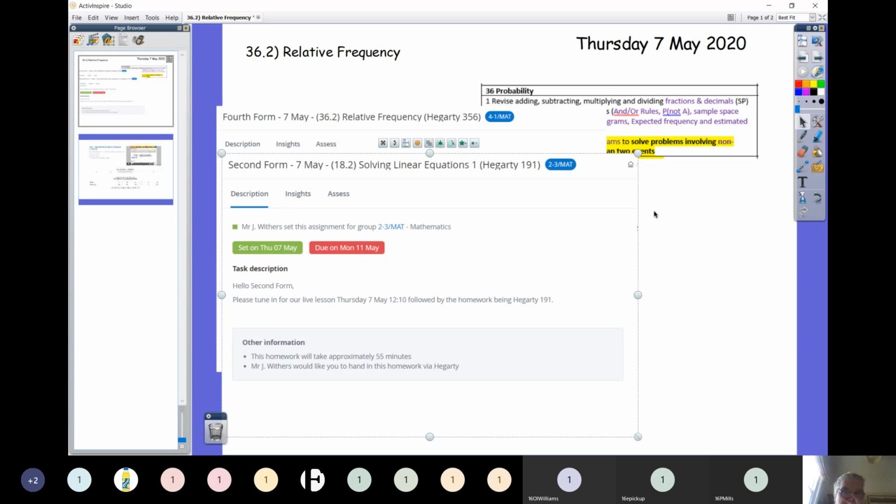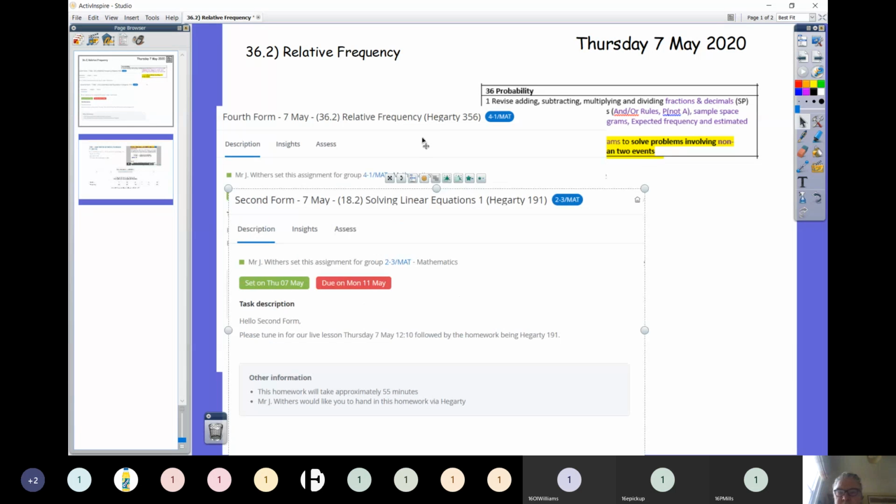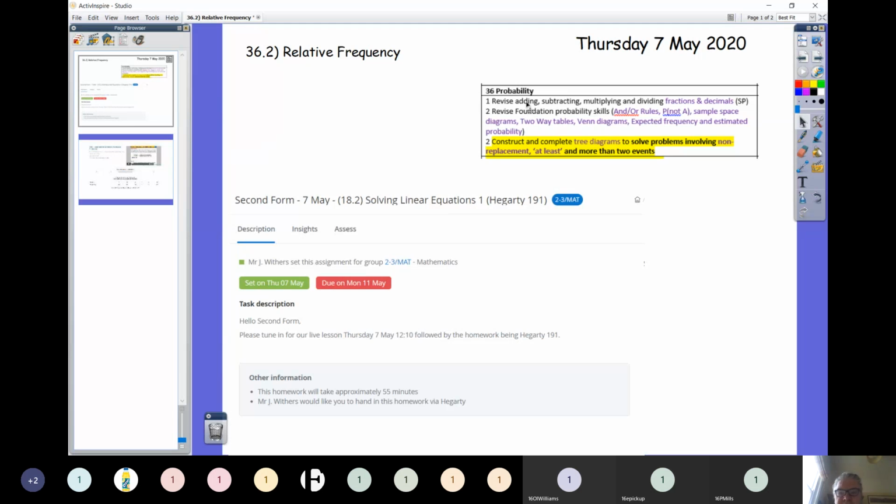That said, they probably could cope with this because this is very straightforward relative frequency. Just looking at the scheme of work, you can see that yesterday we were practicing adding, subtracting, and dividing fractions. I didn't bother with the decimal bit. And then the bit we're doing now does say we've got to be revising foundation probability skills.